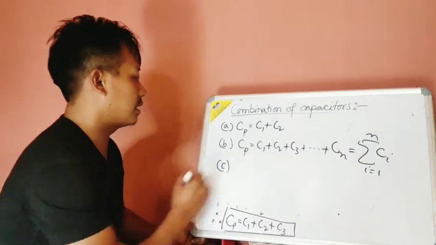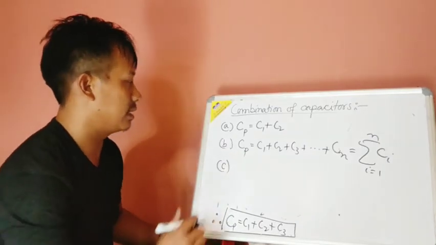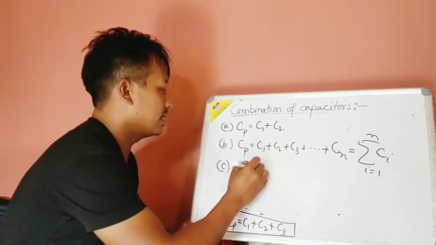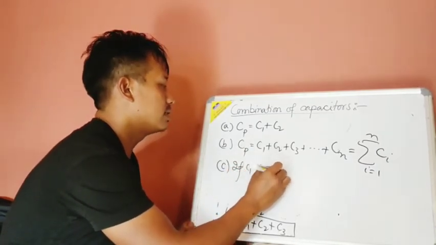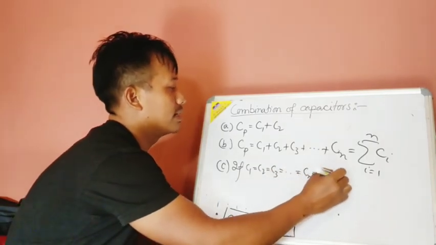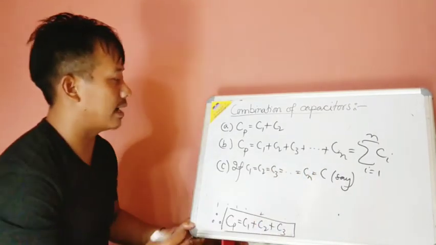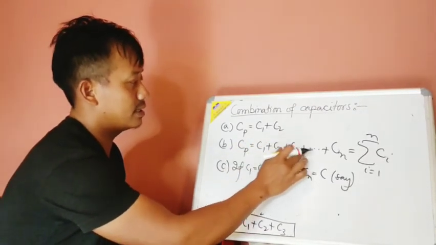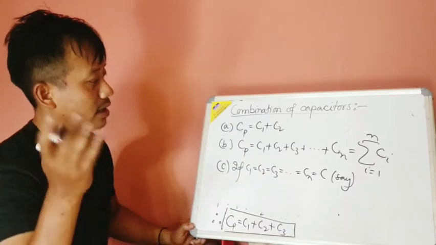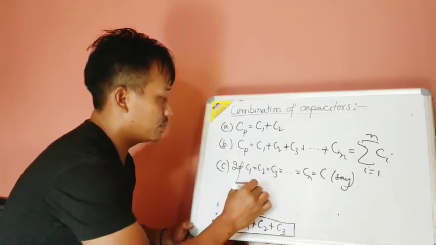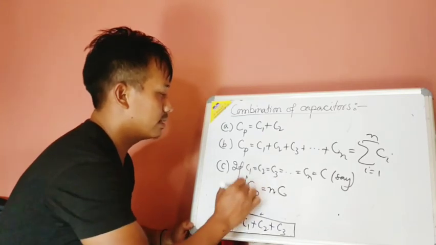Then the third condition: if all the capacitors C1, C2, C3 up to Cn are equal to C, then Cp will be n times C.